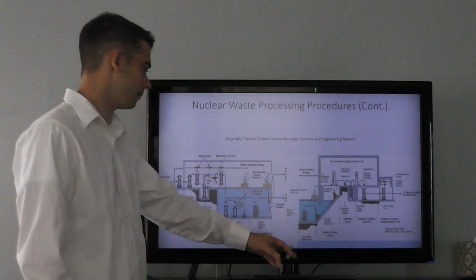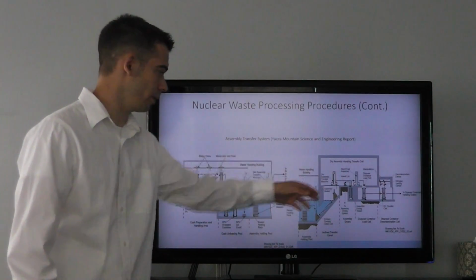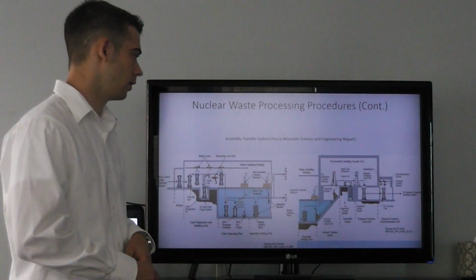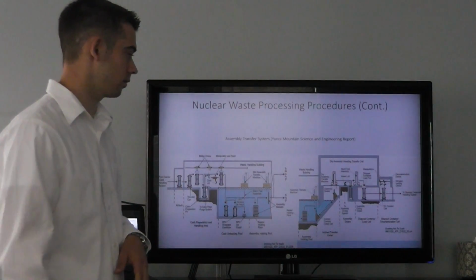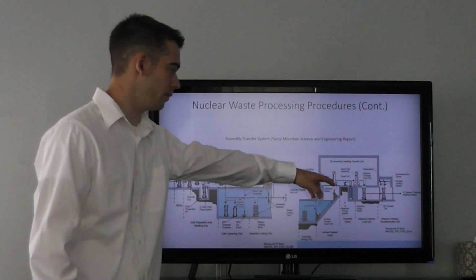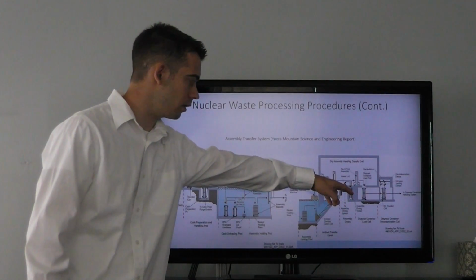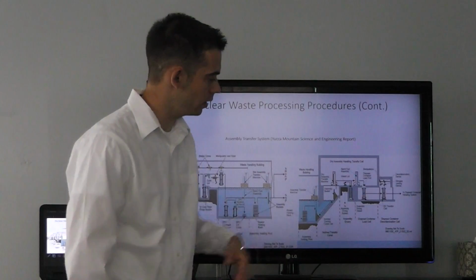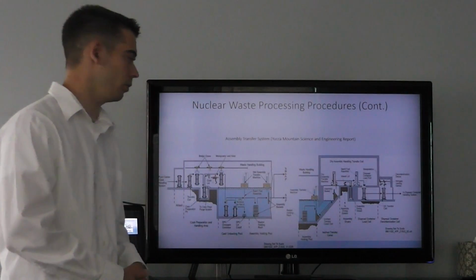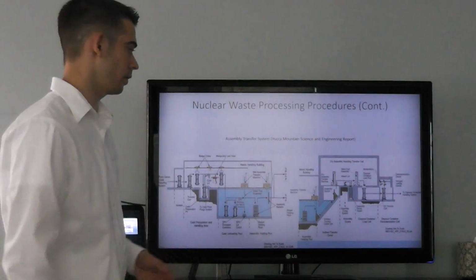We'll move them up to here where they go to a dryer assembly. They'll dry off the fuel assemblies, and then from there we'll go to a disposable container. We'll get the inner lid put on, and it'll move on and catch up to the rest of the process.